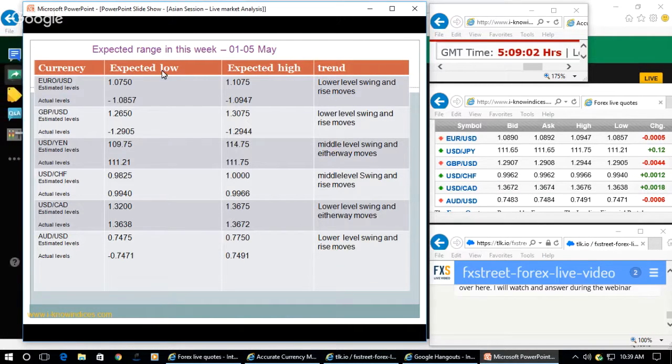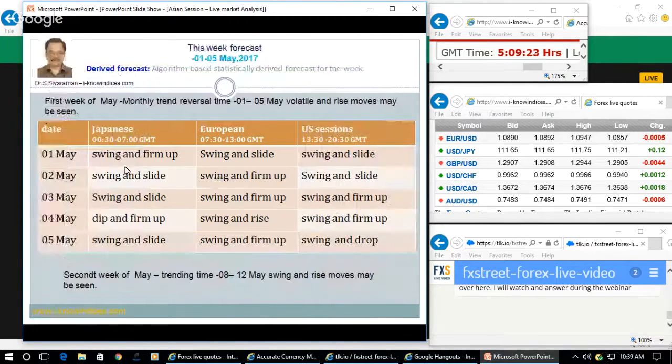So the market is expected to make a downward move to start with. And in between, they will touch the highs. So quick rises and quick drops could be seen as a volatile move. So aim only for the swing trade and watch the session-wise forecast, and then accordingly you can take the positions.